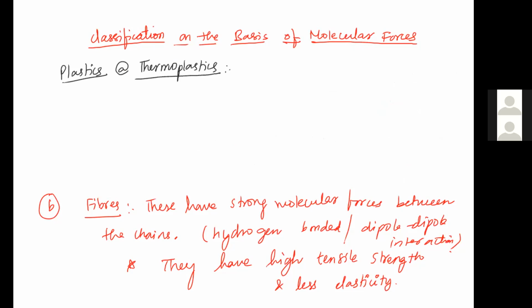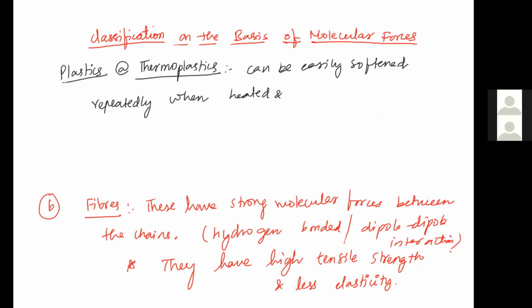Thermoplastics means they can be easily softened repeatedly when heated and hardened when cooled with little change in properties.